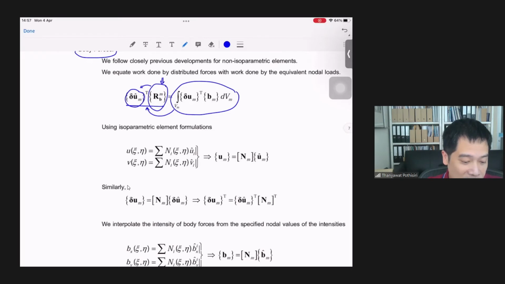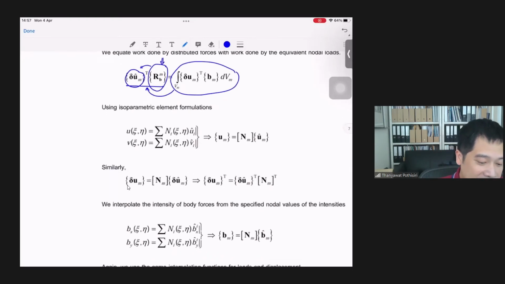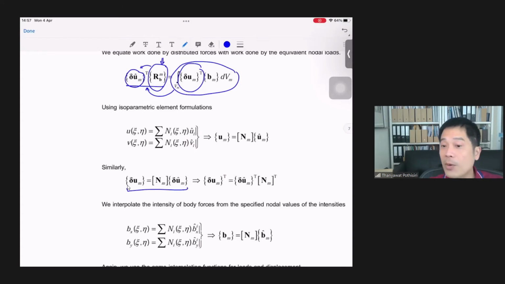You have seen that this part can be approximated by using the finite element approximation scheme, which is this scheme right here. So we can approximate the virtual displacement field by using the shape function multiplied with the virtual nodal displacements.